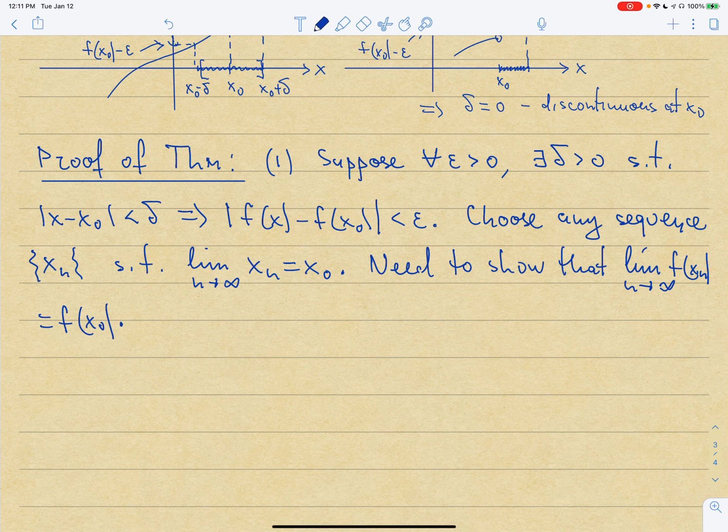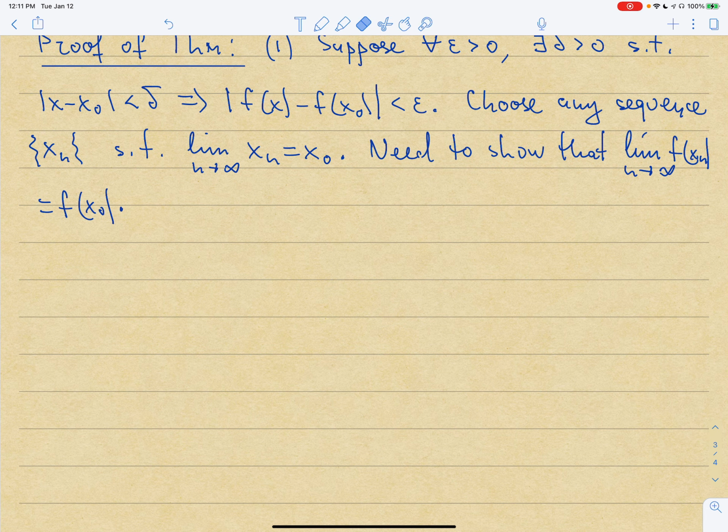Well, how would I show that the limit of f of xn is equal to f of x0? I can use the definition of the limit of a sequence. So I'm going to choose any epsilon greater than 0. And I have to verify that I should be able to find capital N, such that if n is bigger than capital N, then |f of xn minus f of x0| is less than epsilon, right?